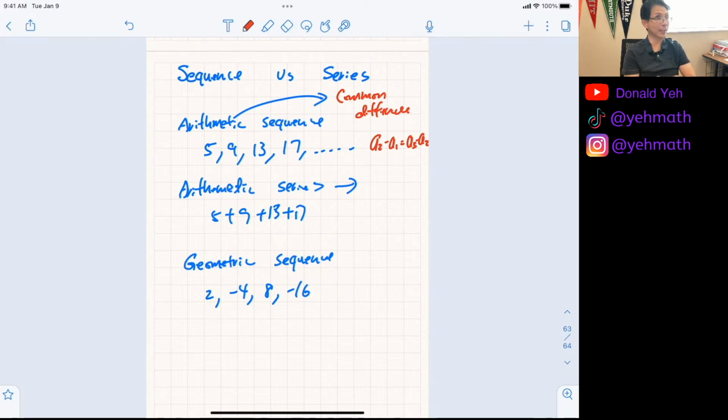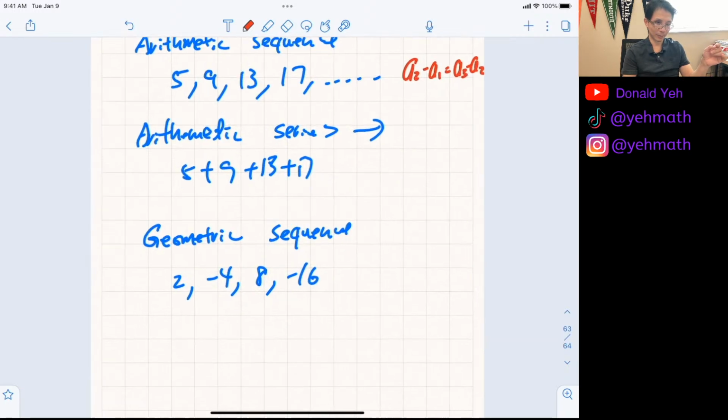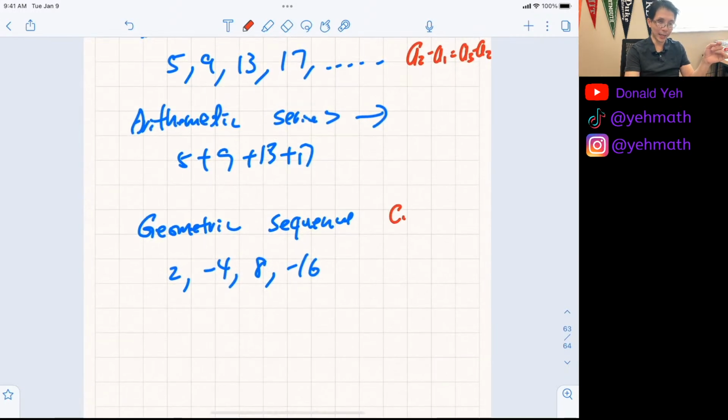A geometric sequence has a common what? Common factor? Common difference? Oh wait, no. Ratios. Okay, so this one has a common ratio.